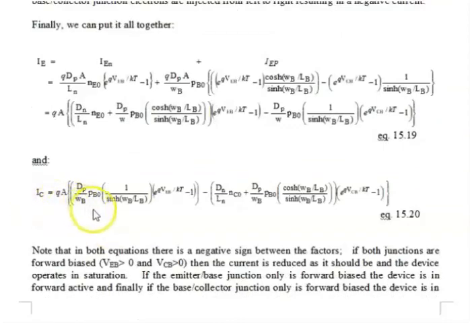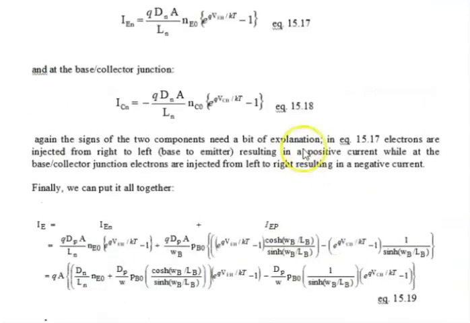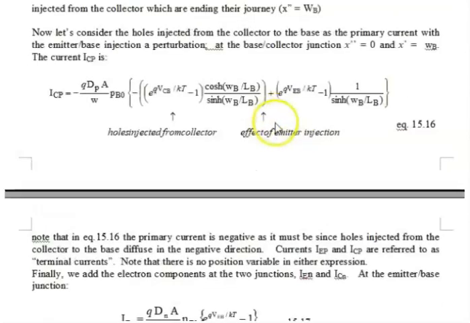We have the electron component, which is right here, plus the hole component, which is this term and this term. So these two terms are from the previous equations, and all we do is just add the electron component, and that is the total current.